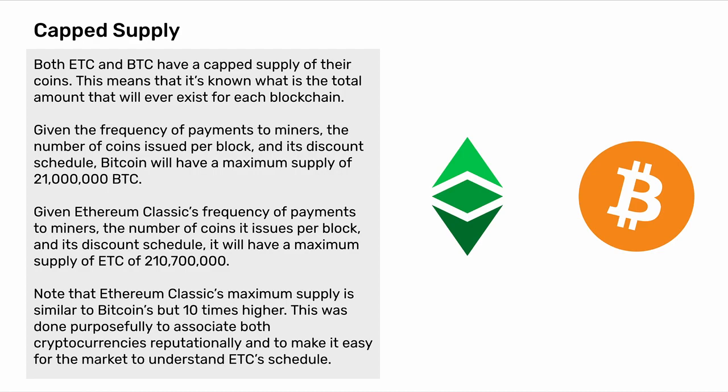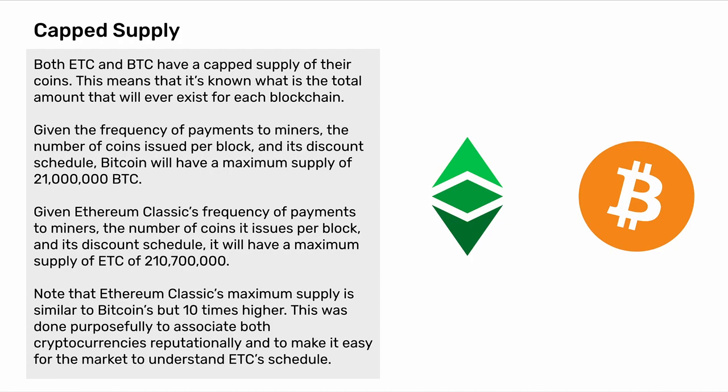Capped supply. Both ETC and BTC have a capped supply of their coins. This means that it's known what is the total amount that will ever exist for each blockchain. Given the frequency of payments to miners, the number of coins issued per block, and its discount schedule, Bitcoin will have a maximum supply of 21 million BTC.